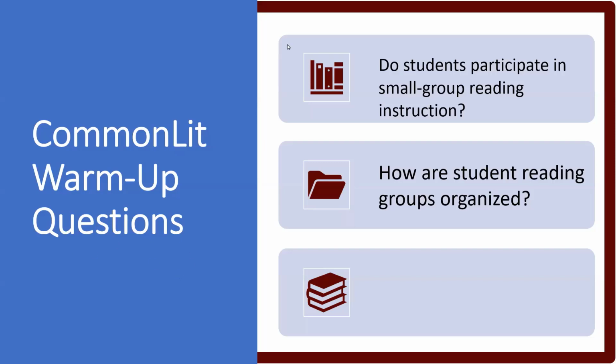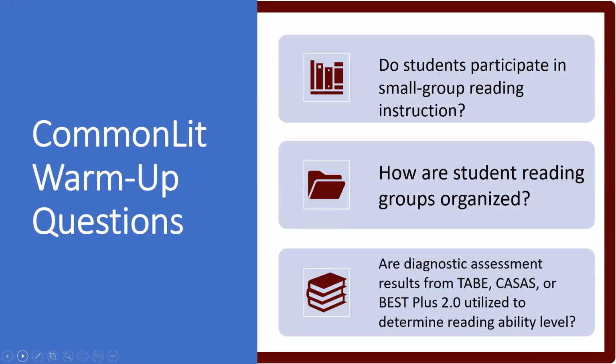Are diagnostic assessment results from TABE or CASAS or Best Plus 2.0 utilized to determine reading ability level? The reason we're asking this question is that CommonLit allows you to differentiate by reading ability level. And we'll talk a little bit more about that.